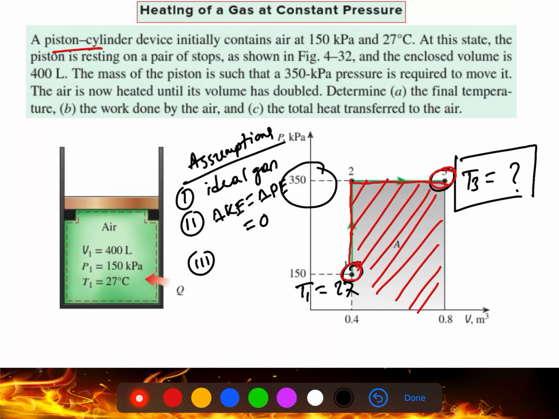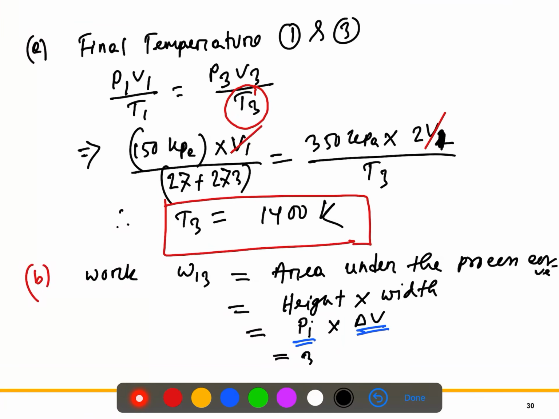The pressure is 350, so we can say it is 350 kPa, and delta V, that means the change of volume. So the change of volume is 0.8 minus 0.4 meter cube. So it will be 140 meter cube kPa.